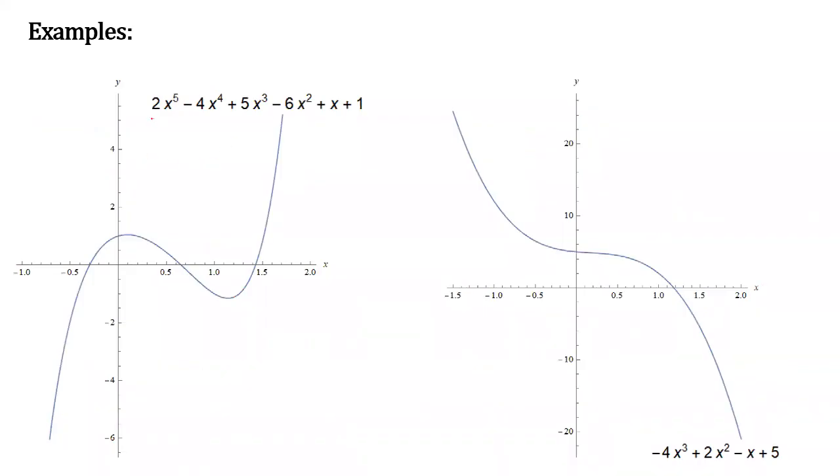First example, suppose we have a function here, y equals 2x to the power of 5 minus 4 times x to the power of 4 plus 5 times x cubed minus 6x squared plus x plus 1. So first of all, this function has an odd degree, right?